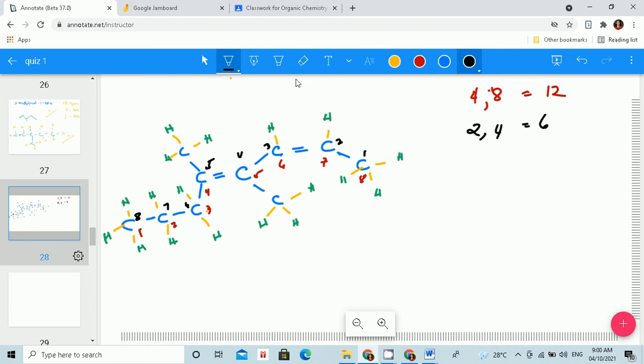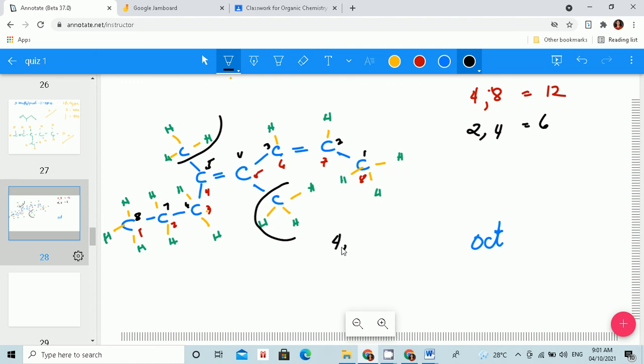Since this is an 8, we will write oct. Then we have methyl. This one is our substituent, and this one is our substituent too. So that will be 4, 5.